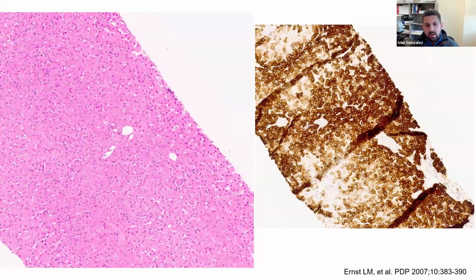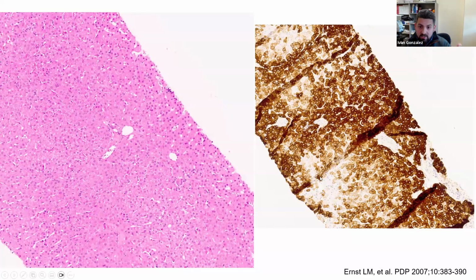Something very interesting with the bile duct paucity in neonatal cholestasis is that you have an abnormal expression of CK7 throughout the liver. Sometimes it's so impressive that the entire liver will look completely brown, because there's this aberrant expression in the hepatocytes, which is thought to be a response of the liver trying to recreate that biliary phenotype to create more bile ducts.